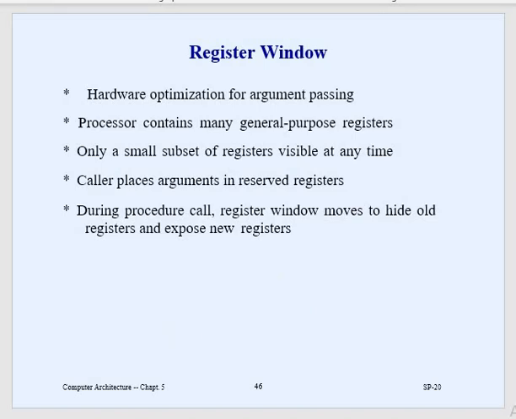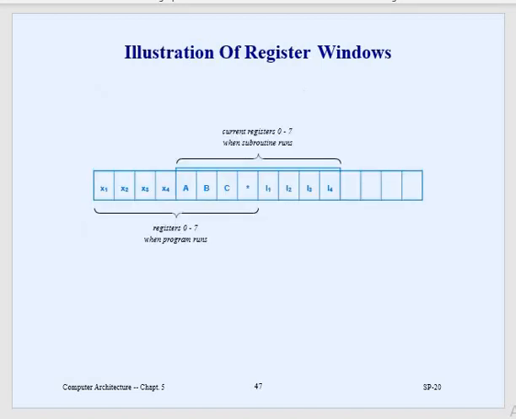The last thing which is written here, you can easily understand by carefully looking at this picture. This is the illustration of the register window. You can see that it has multiple contiguous registers available, and during normal operation, when the program runs, registers 0 through 7, this downward bracket, a subset of the total registers, is used.